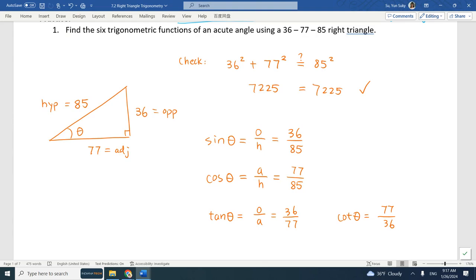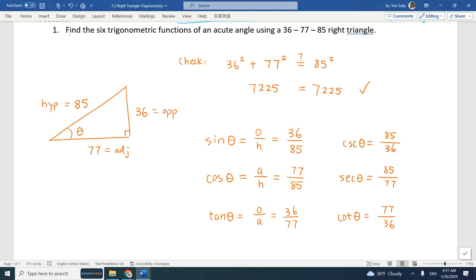Who is the reciprocal of cosine? Secant. So you put secant theta here. What's the reciprocal? 85 over 77. Yes, everybody? And what's the remaining one? Cosecant theta is the reciprocal of sine, which is 85 over 36.